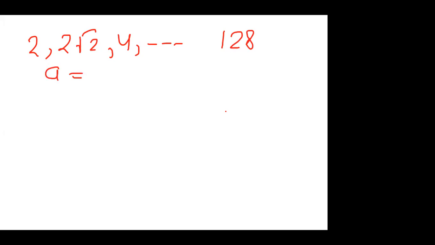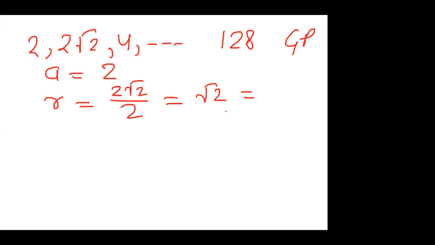The first term of the GP is 2 and the common ratio r is the second term 2 root 2 upon the first term 2, which is 2 to the power 1 by 2.